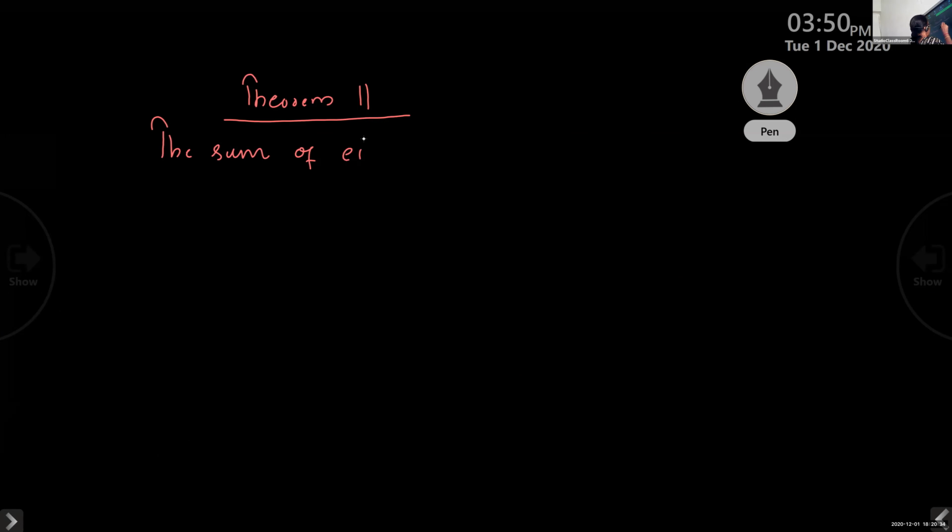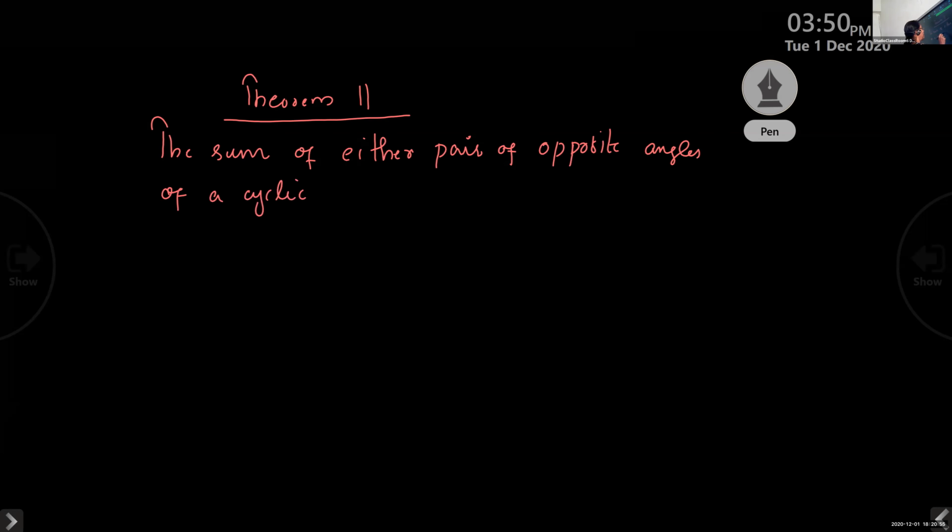The sum of either pair of opposite angles of a cyclic quadrilateral is 180 degrees.